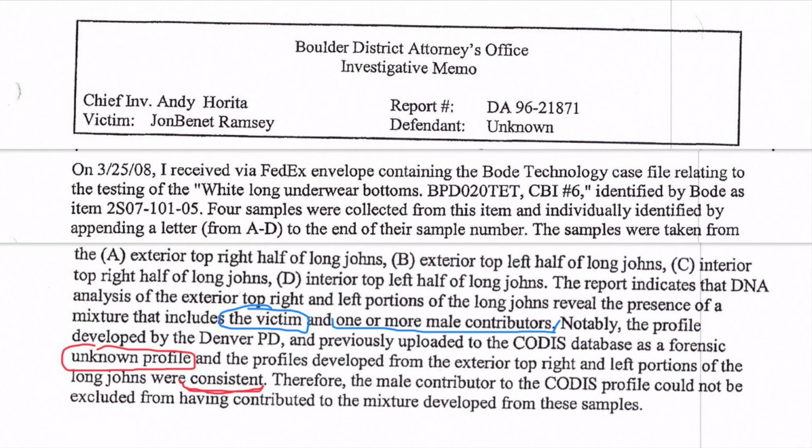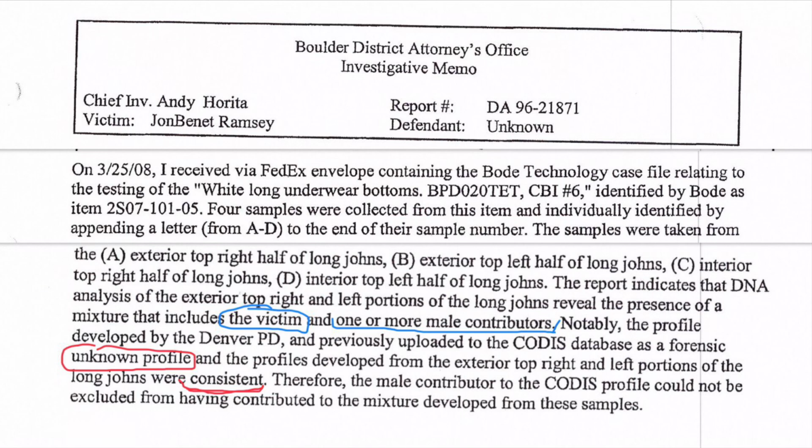The report indicates that DNA analysis of the exterior top right and left portions of the Long Johns reveal the presence of a mixture that includes the victim and 1 or more male contributors.